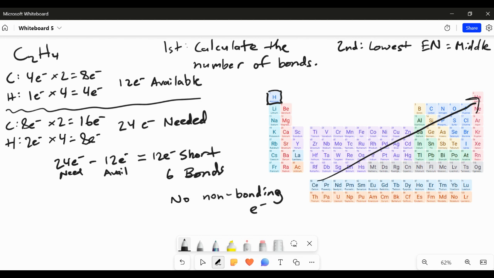So we're going to try and draw our molecule. And it says right here, lowest electronegativity goes in the middle. But it can't be hydrogen. Now, why can't it be hydrogen? It's because by definition, when you're in the middle, there's going to be something on either side of you.